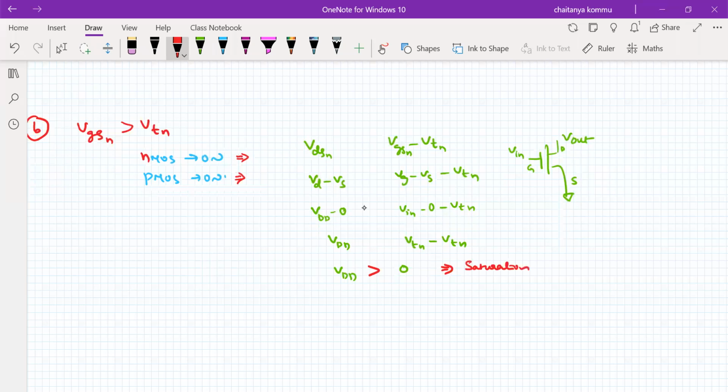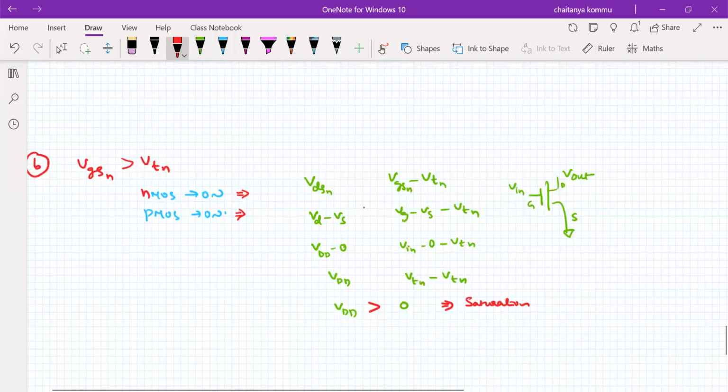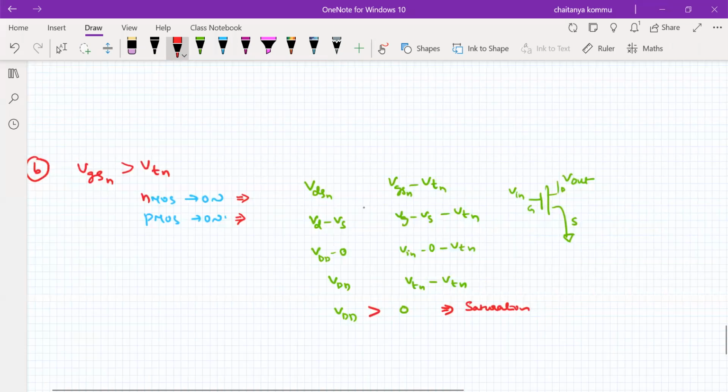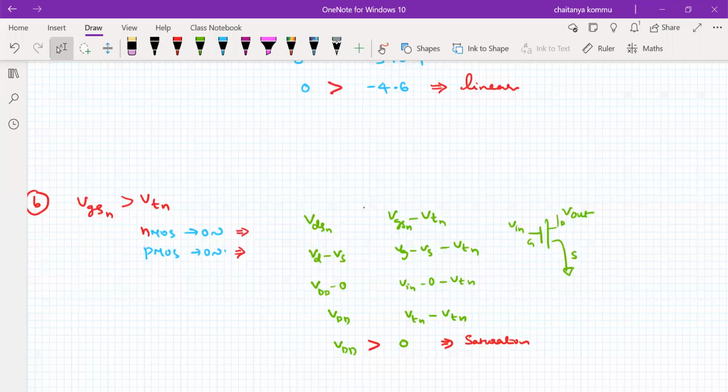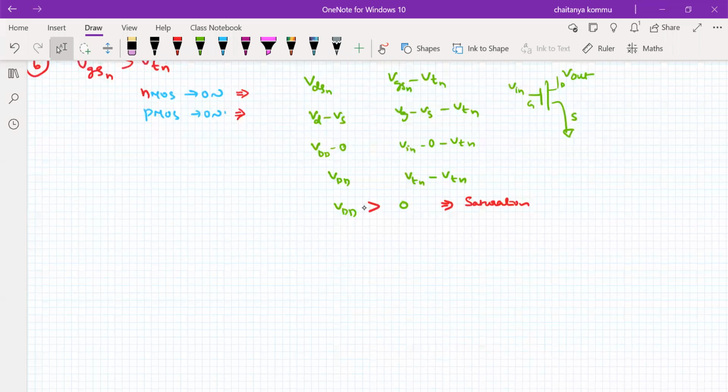You know very well that VDS value is greater than VGS minus VTN, so the NMOS transistor is in saturation. The same information is applicable for the PMOS also, but it is in linear only. So in this situation, the PMOS is on but in linear.